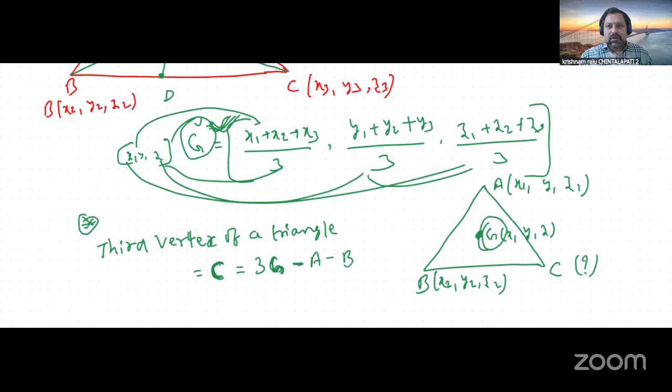They gave vertex A, vertex B, and the centroid. So for finding the third vertex C, the shortcut form is 3G minus A minus B. That means you multiply the centroid by 3 and subtract A and B. This is the shortcut for finding the third vertex.